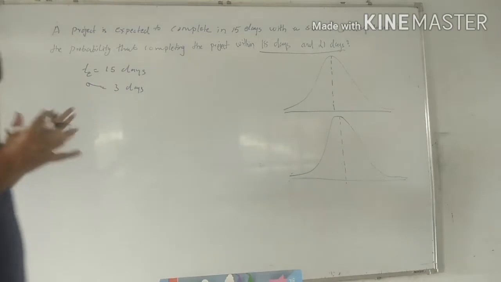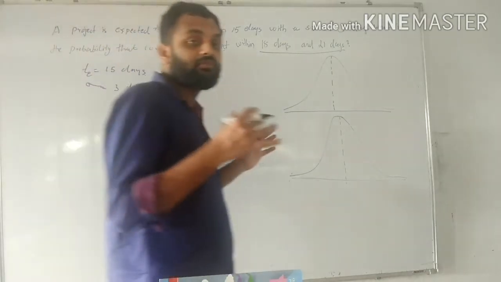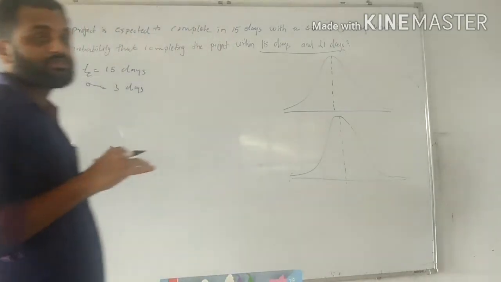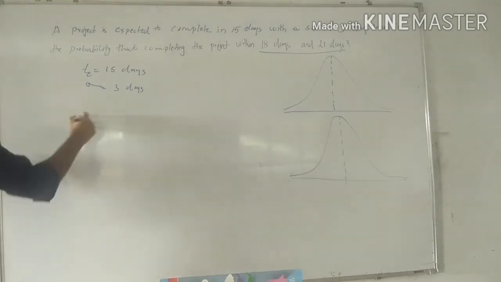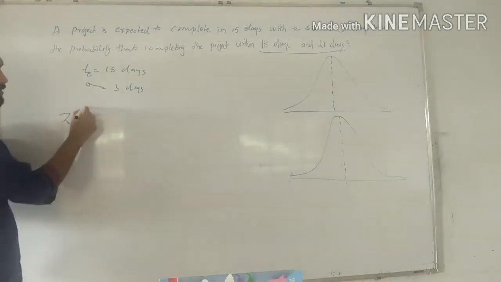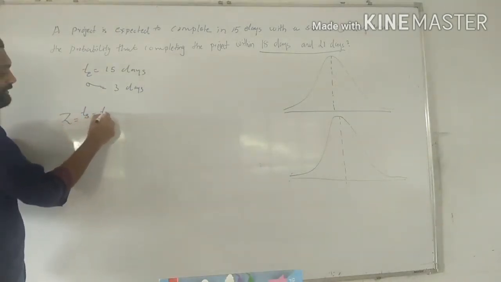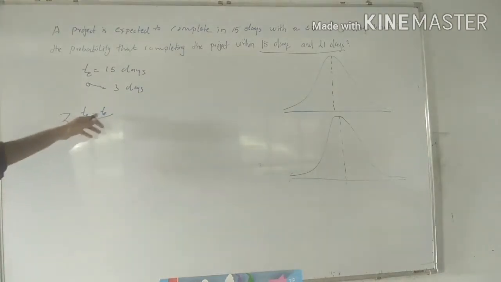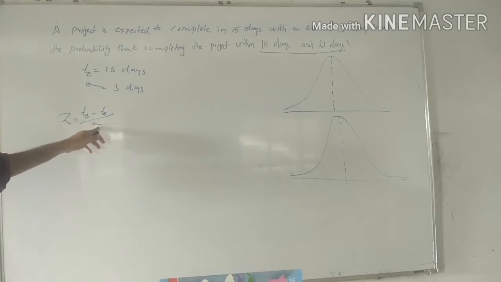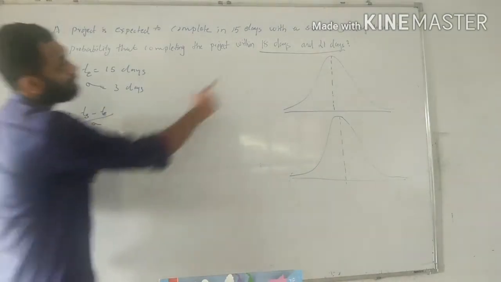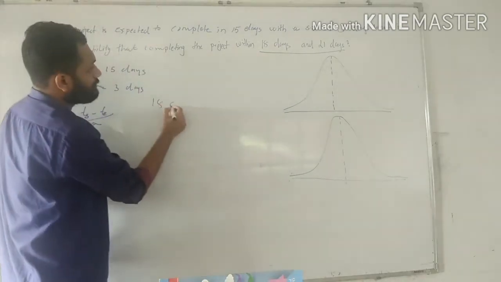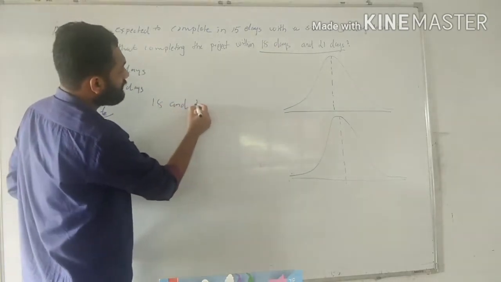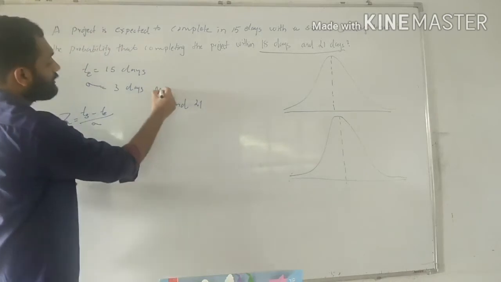So for finding the probability, we know we need to convert into the normal distribution curve. So we need to find the value of z. Z is equal to TS minus TE divided by standard deviation, where TS is the scheduled time, TE is the expected time, and sigma is the standard deviation. So here we have 18 days and 21 days.